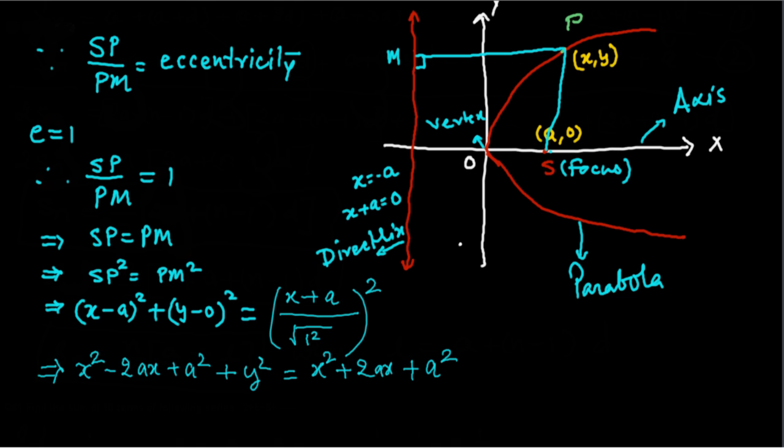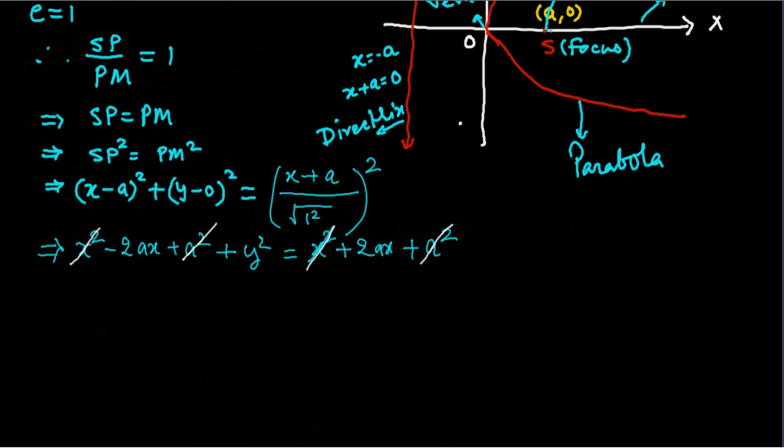Here x square and x square will eliminate, a square and a square will eliminate, and we keep only y square, and minus 2ax we transfer to the other side, so we get y square is equal to 4ax. This is the standard form of parabola of right hand side.